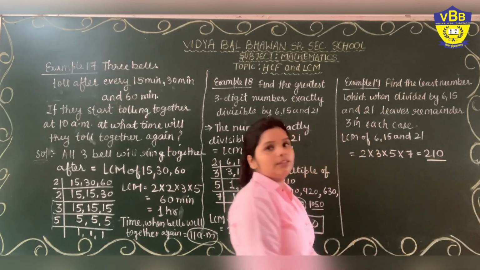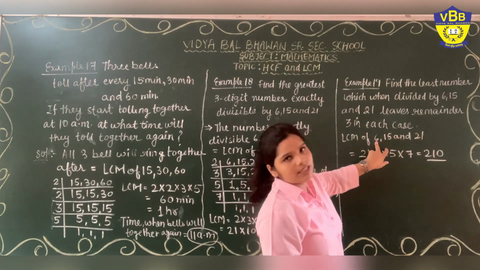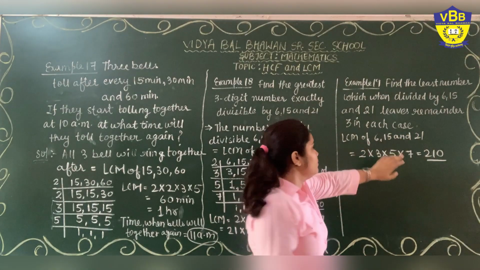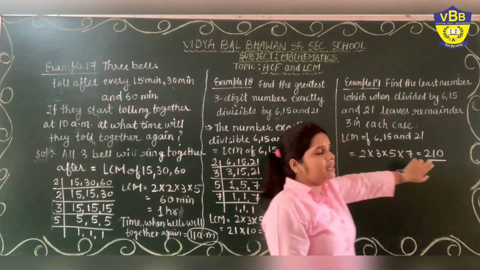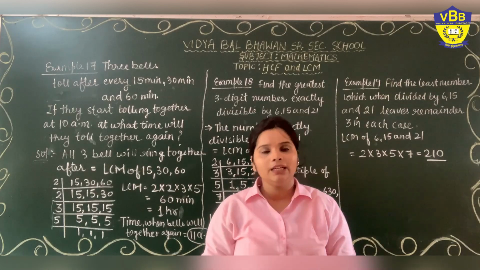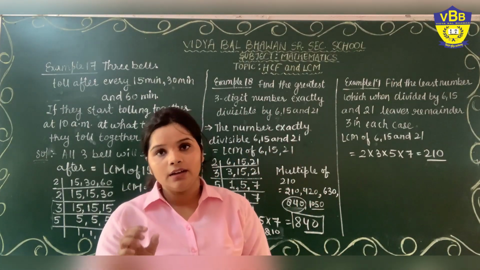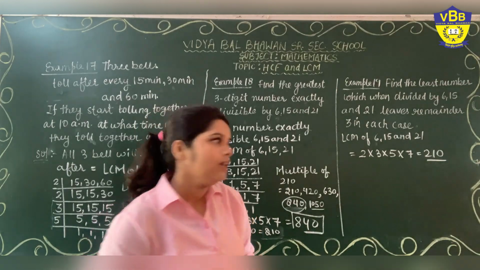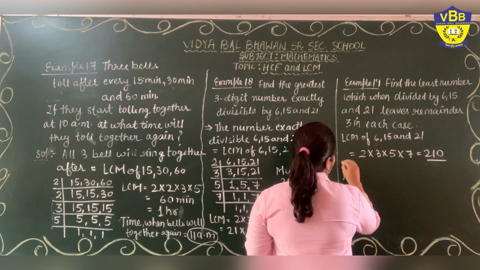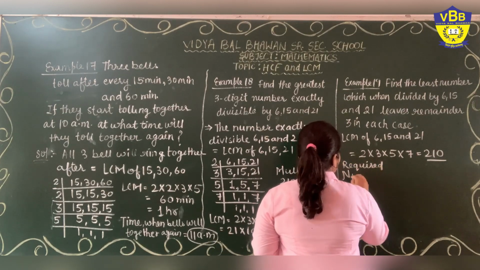That means when 210 will be divided by 6, it will be completely divisible, no remainder will be there. 210 divided by 15, 210 divided by 21, they will be completely divisible. But what we want? We want remainder. How much? 3.